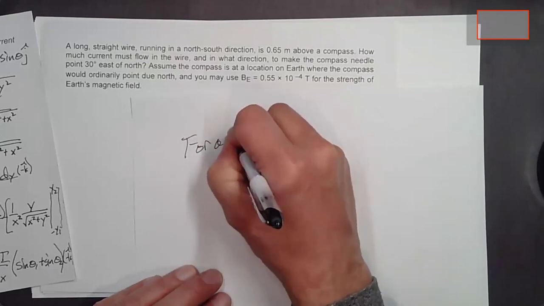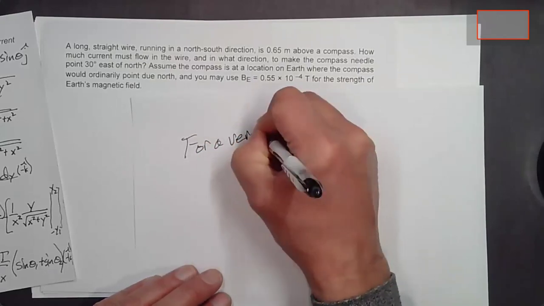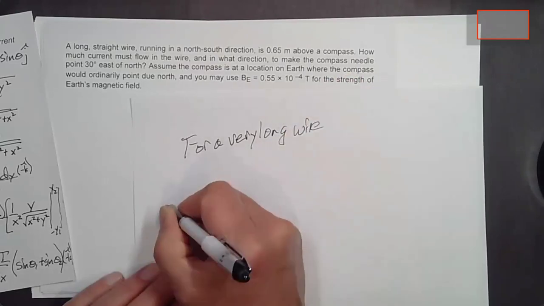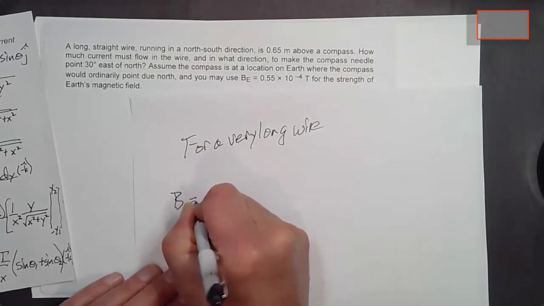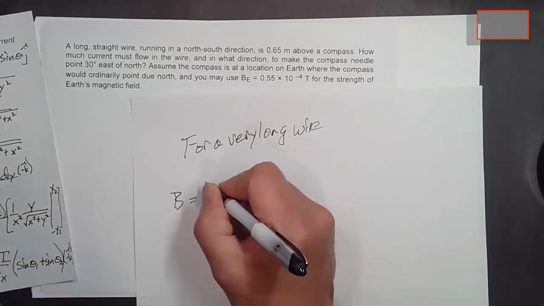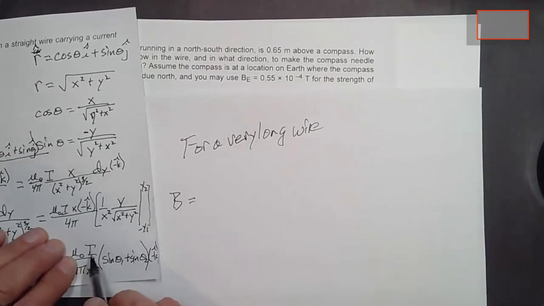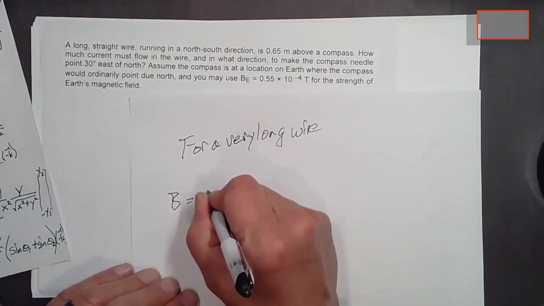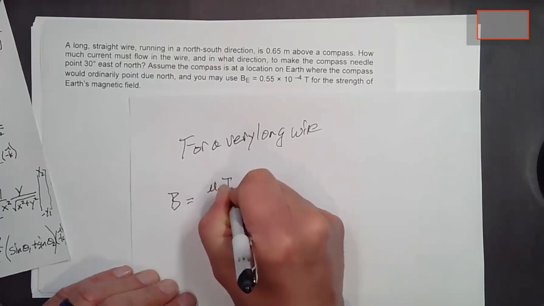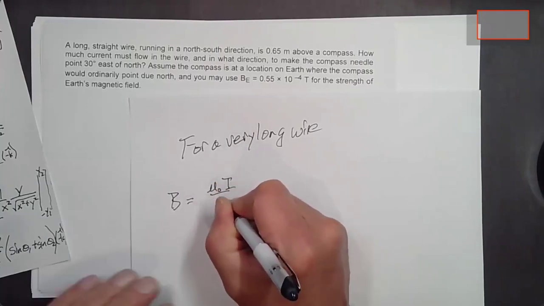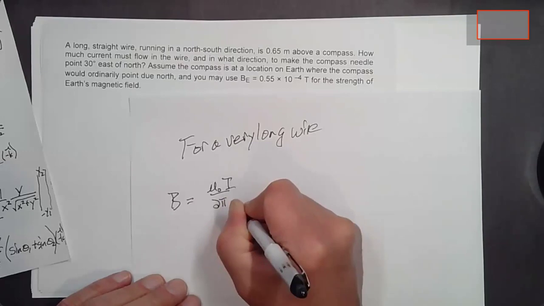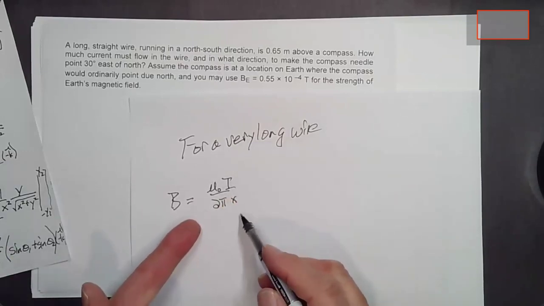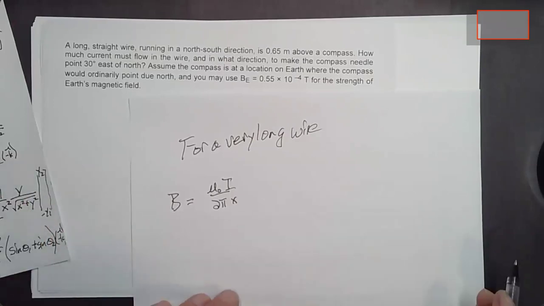For a very long wire, the magnetic field strength is going to equal, I just take this thing and stick a 2 on top, which will divide with that, and I'll end up with mu naught I over 2 pi x, where x is how far away from the wire you happen to be. Well, that's not a bad expression.